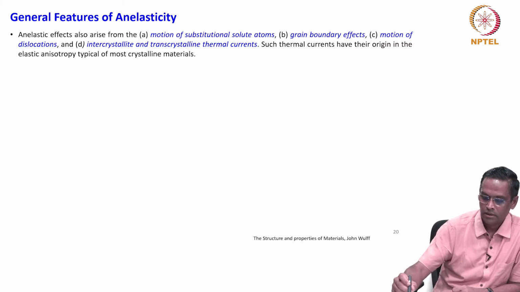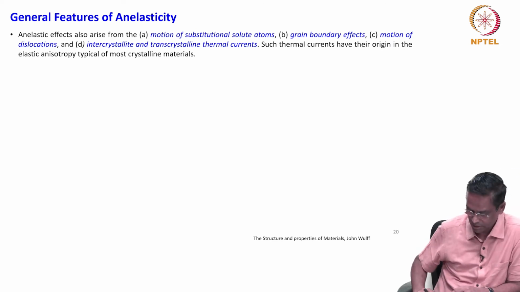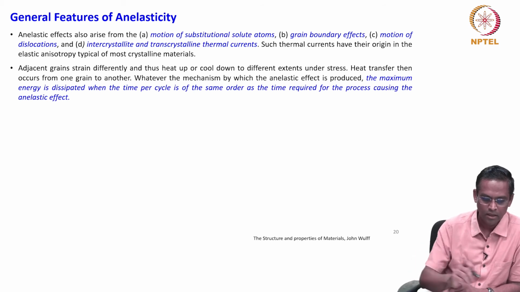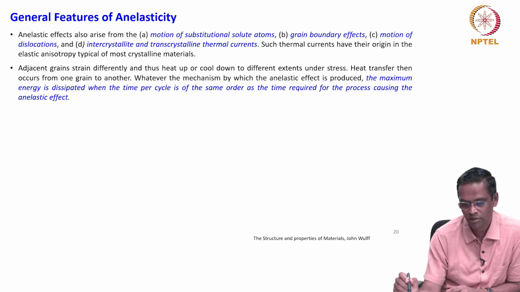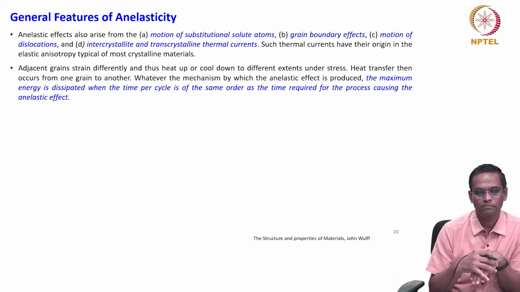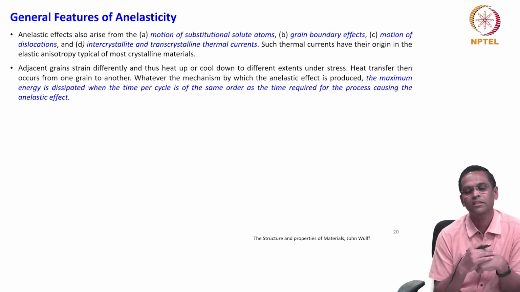Such thermal currents have their origin in elastic anisotropy typical of most crystalline materials. So this is more relevant to crystalline materials. Adjacent grains strain differently and thus heat up or cool down to different extents under stress. So this also we will see when we go to plastic deformation or polycrystalline deformation.